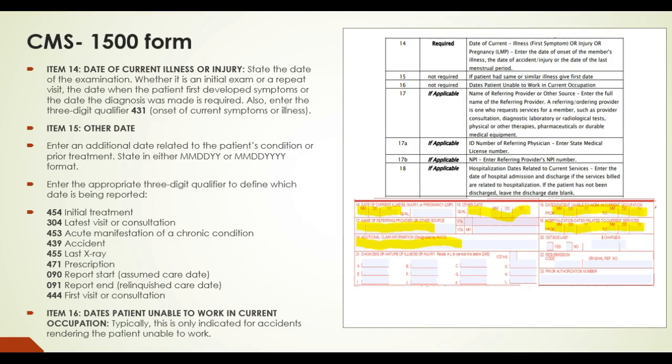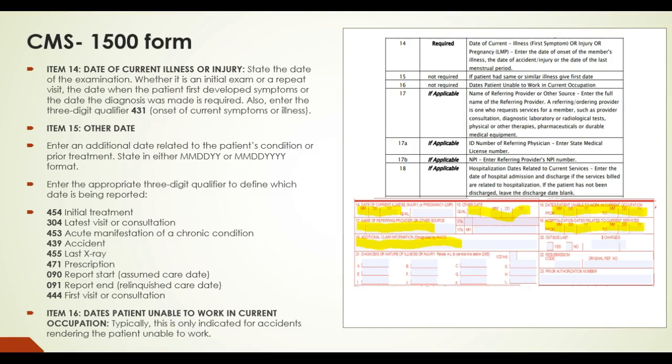I've worked in facilities where most offices had referring providers, and so we have to put their referring provider information in. So it would be either the ordering provider or the supervising provider, and you would first enter their first name, middle initial, last name, and what their degree is, like MD.